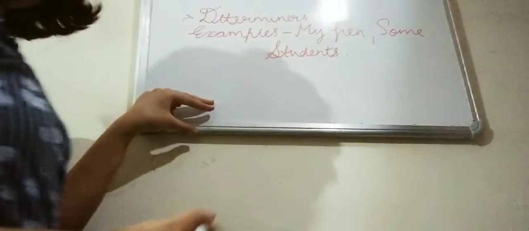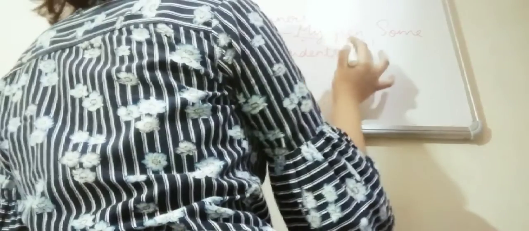In this example, pen is a noun and my is a determiner. My clarifies the noun pen, so this is a determiner. Same with this also, some students. Student is a noun and some is a determiner.